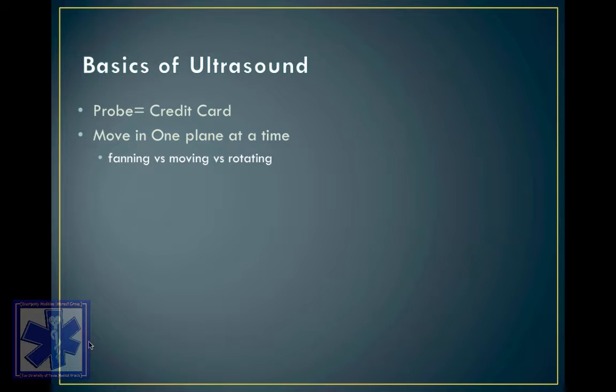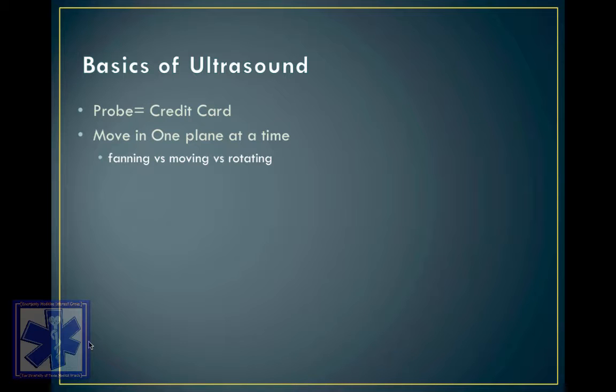So your probe, no matter which one you choose, acts like a credit card thin beam. What you're doing is putting it on a spot, and in general you should move one plane at a time. You either go north, south, east, west, or you can rotate, or you can slide.